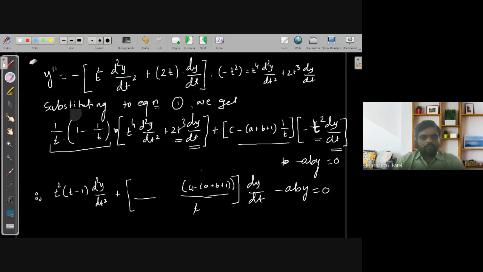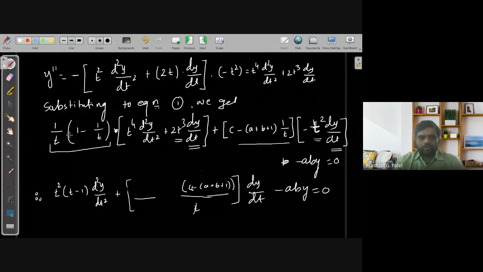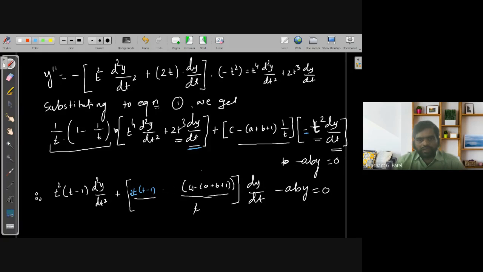here what we have, these are the coefficients of t d square y by dt square. That is clear because you multiply this one. Now the coefficient of this dy by dt. The first one is, when you multiply this t minus 1, and this t cube is multiplied and divided by t square, so it is t, and this 2 is already there, and this plus, due to this it will become minus, and if you take LCM, this is ct into a plus b plus 1 into t square.